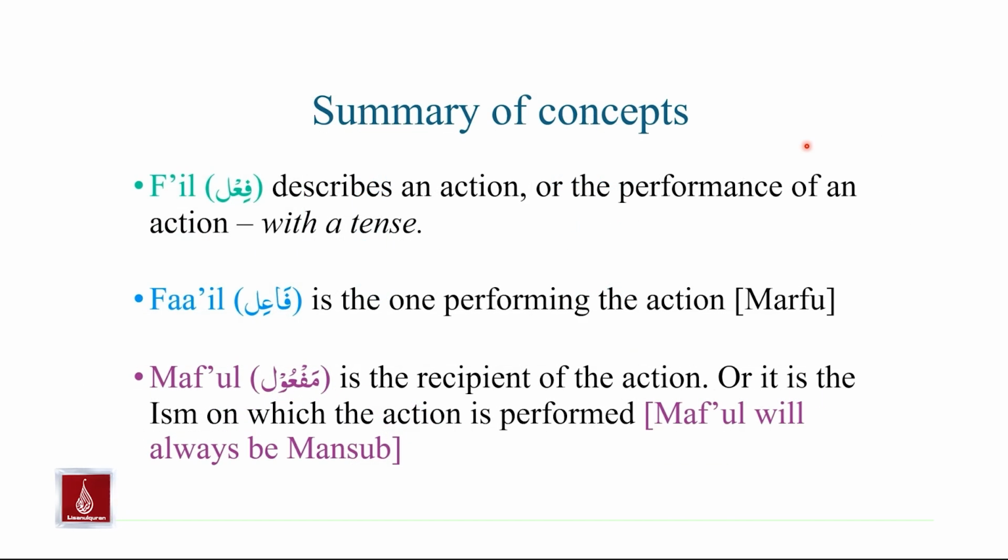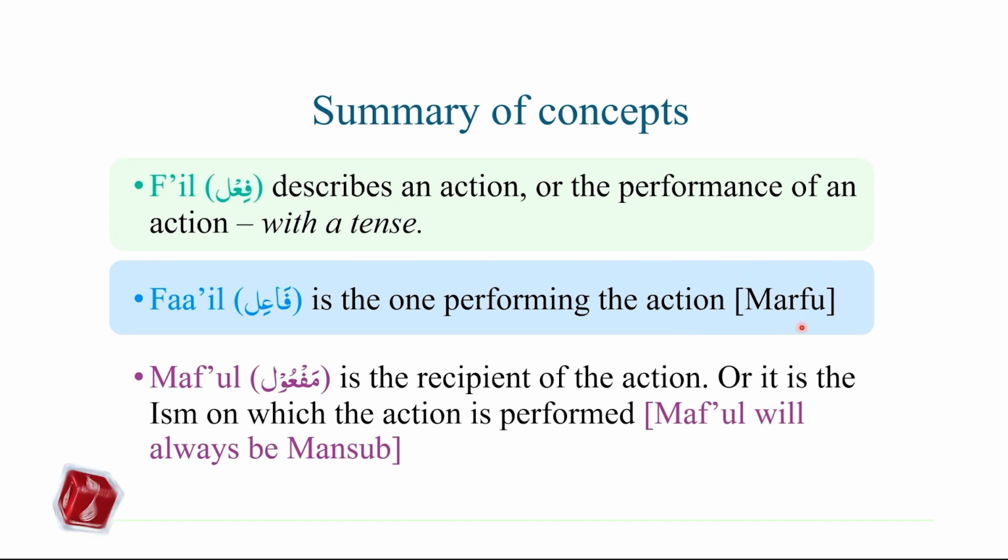Let us summarize the concepts of Fi'il, Fa'il, and Maf'ul. Fi'il describes an action or the performance of an action with a tense. Fa'il is the one performing the action, and Fa'il will always be marfu. Finally, Maf'ul is the recipient of the action, or it is the ism on which the action is performed.